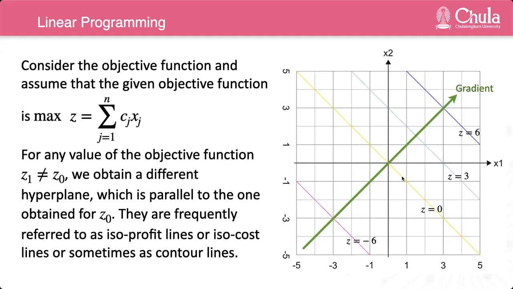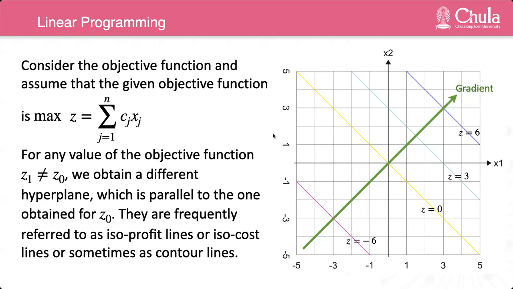For any x1, x2 that give the same objective function value, they must lie on this line, right? For example, we have C1x1 plus C2x2.